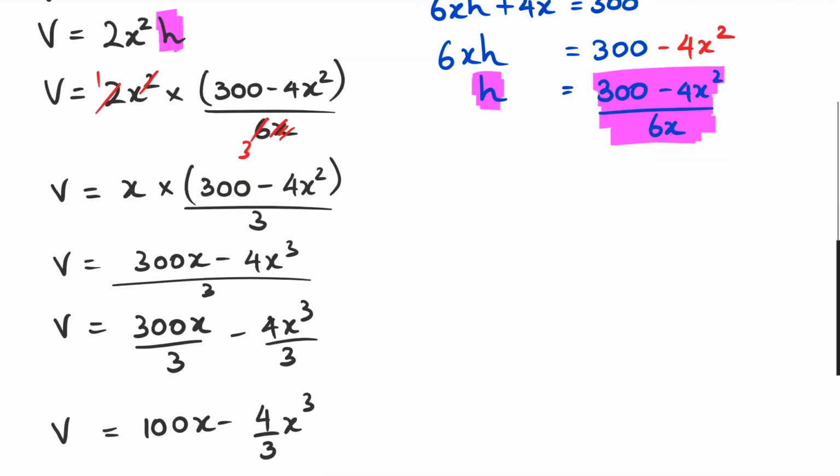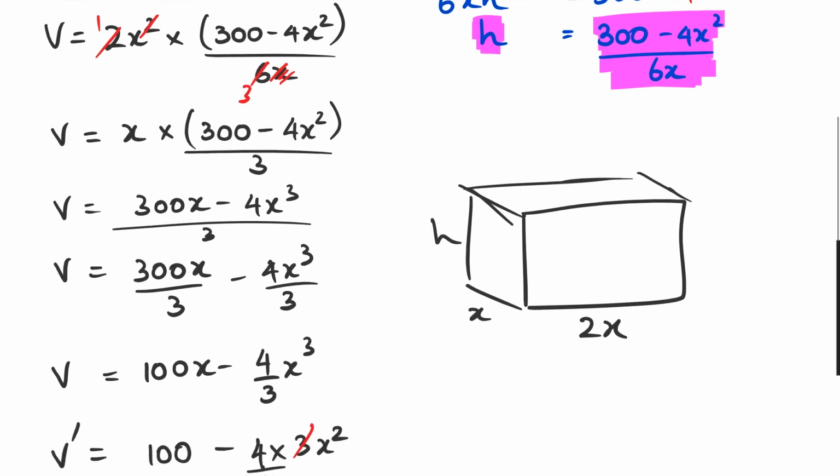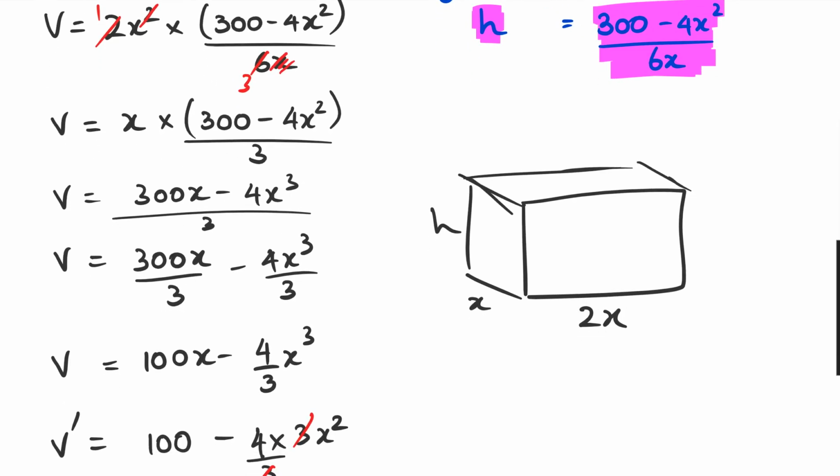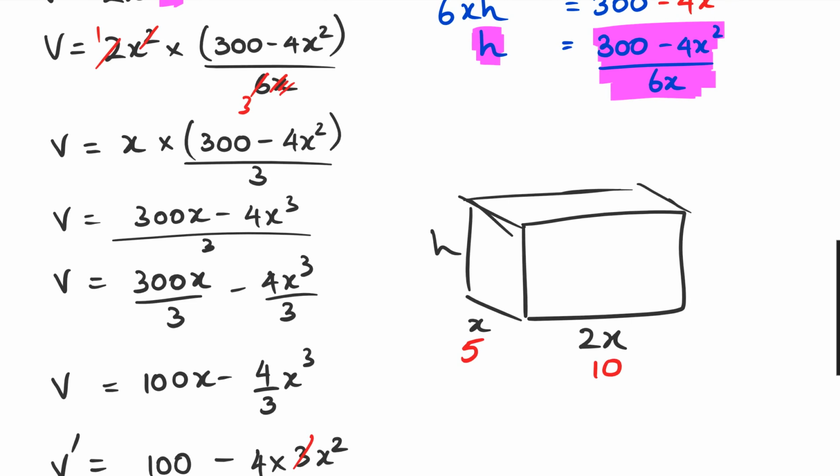So if we look at the dimensions of the box, we have 2x, x, and h. Now, because we found that x is equal to 5, so that's going to be 5, that's going to be 10, and then h is equal to that ugly pink looking formula up there. So we've got to try and work it out.